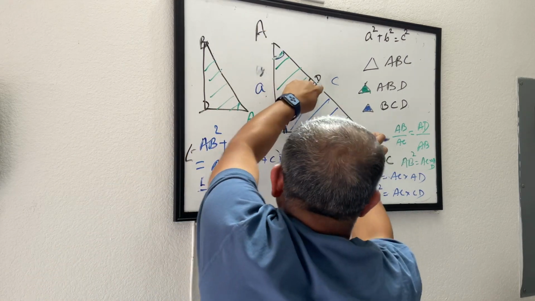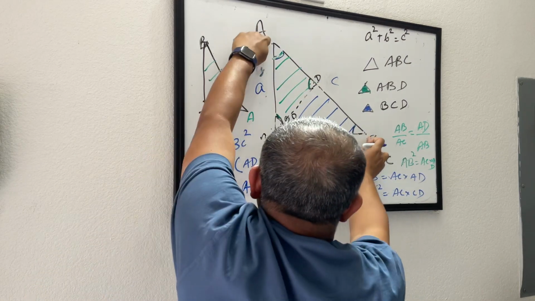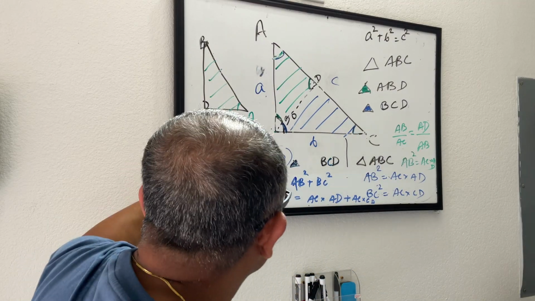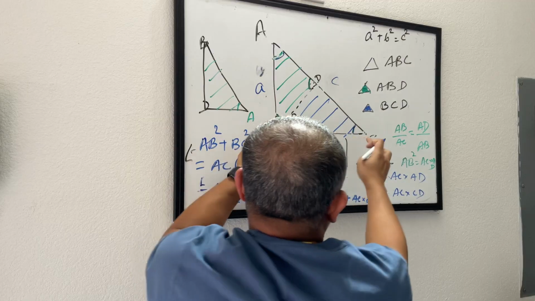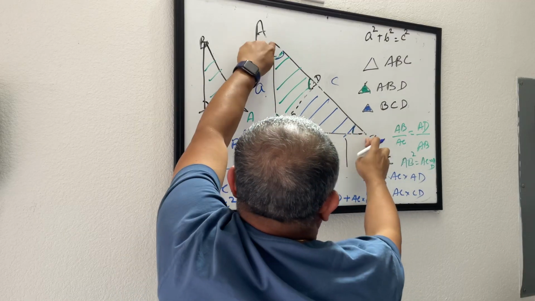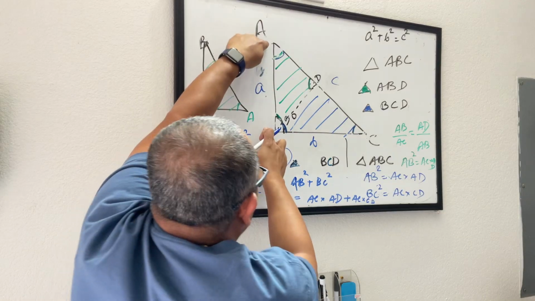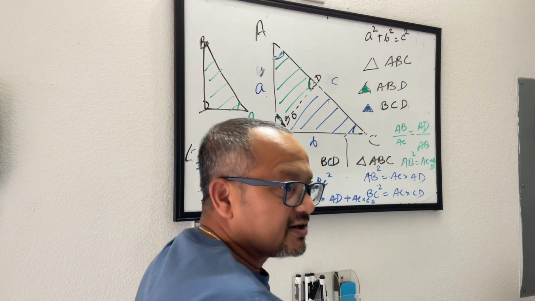AD plus CD is nothing but this whole side AC, so we get AC square. Now you see AB square plus BC square equals AC square. So A square plus B square equals C square.